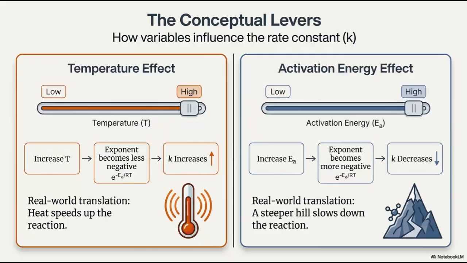Having high activation energy slows down the reaction because it takes longer for that reaction to overcome that hump. So you want high temperature, low activation energy for those reactions to take place faster. So it's better to have low activation energy, higher temperatures. And I can see a question coming using these two factors.